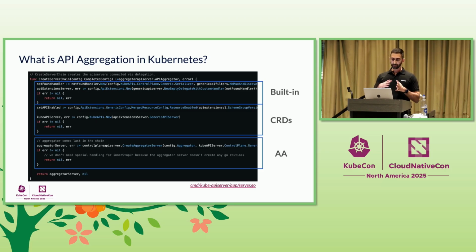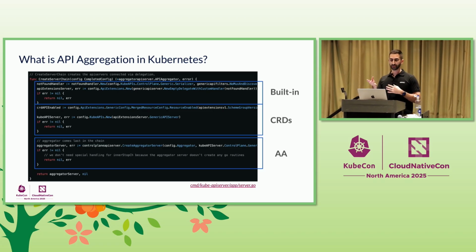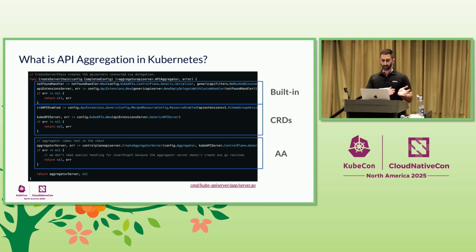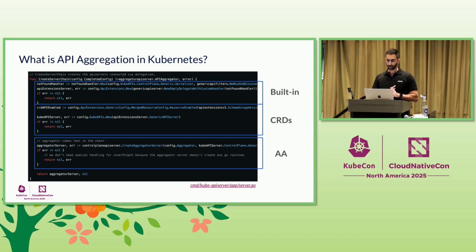Each part of the chain tries to handle the request: first built-in types, then CRDs, and eventually all the resources that are handled in your own server. This architecture is quite flexible, as you can see. You don't have to write new code for this.